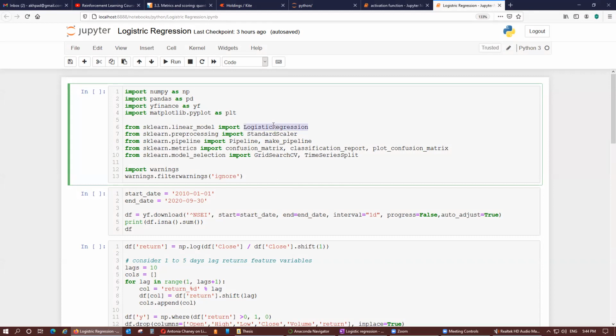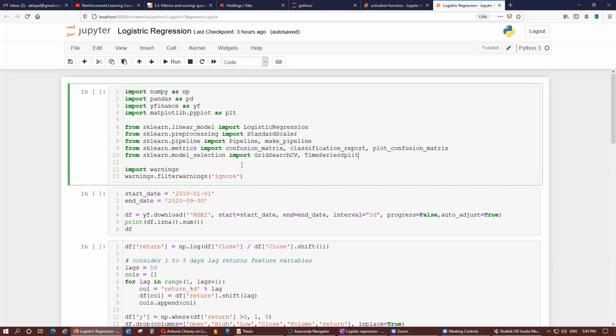Scikit-learn has the logistic regression. And in machine learning or deep learning, generally you need to scale the data, so you need a standard scaler or the min-max scaler or maybe some other scaling function. With the pipeline, you can encapsulate all the transformations and the regression model. Then the metrics, all the metrics you can import.